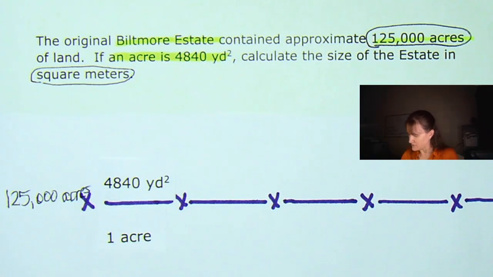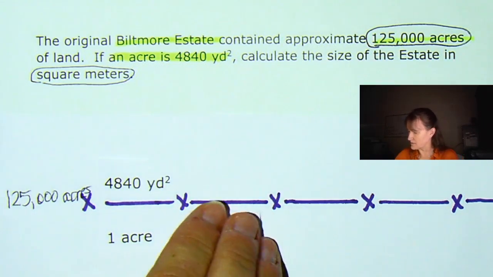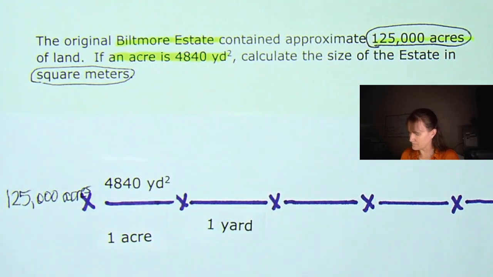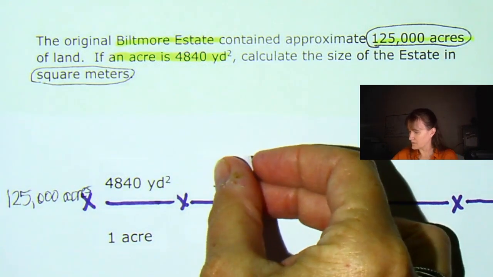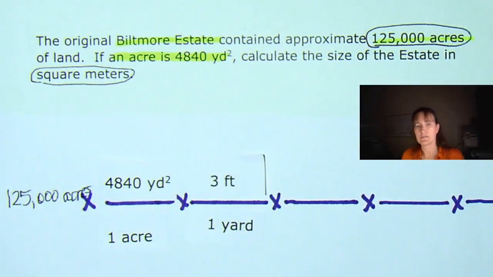But when we start using our common equalities, like yards and feet, those do not have squared. So we have to square the entire equality. And the way that I recommend that you square an equality is you have to square the number and square the unit.